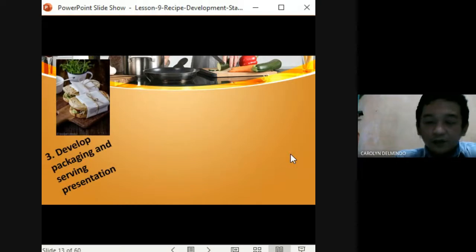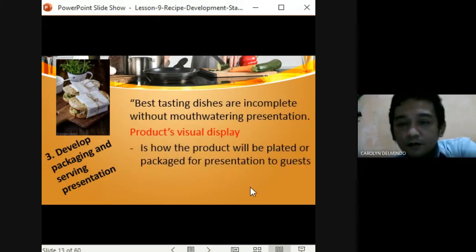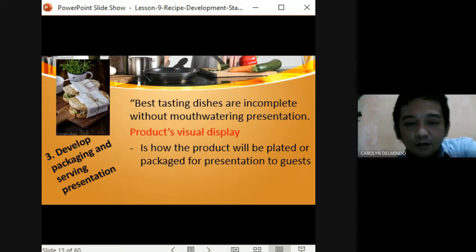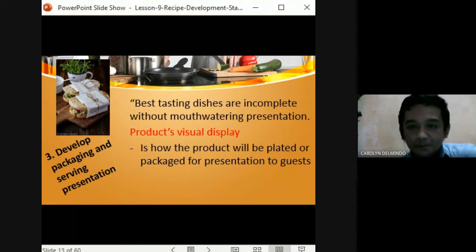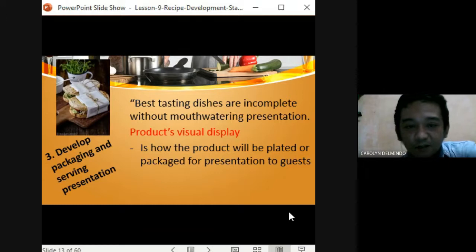Can you read the third one? Who can read the third one? Okay? Hindi pwedeng basahin yung number 3.